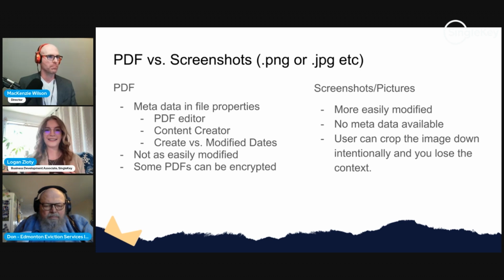There's no metadata to even review, and it's so easy to crop it to paint a different picture and lose the contents. PDFs are not as easily modified and can also be encrypted. And in most cases, when you download an original document, your pay stub or credit report, it does come in a PDF anyway, so there's no need to get a screenshot.